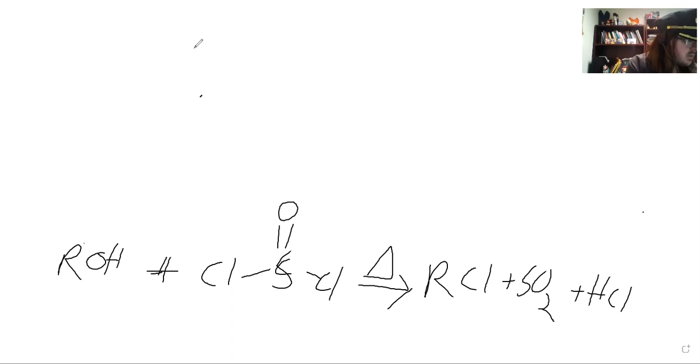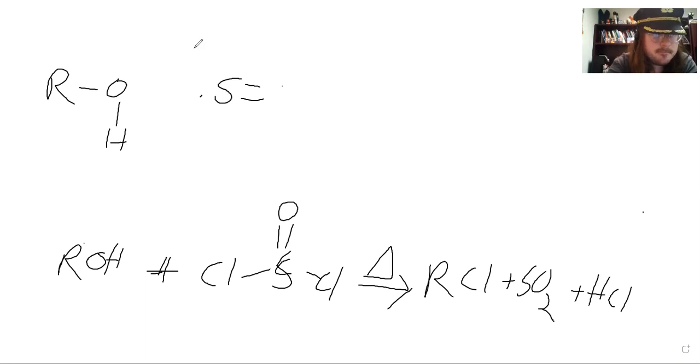In the Lucas test, we said the alcohol attacks the zinc. And with the phosphorus, the oxygen of the alcohol attacks the phosphorus. And now the alcohol is attacking the sulfur.